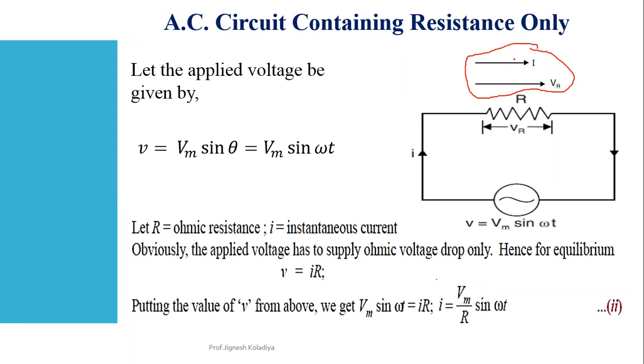The length of I is slightly smaller than VR because, as I told you, due to the presence of resistance the magnitude of current is reduced, and the length of a phasor is nothing but the amplitude, right? But both are parallel. That means there is no phase shift between these two.